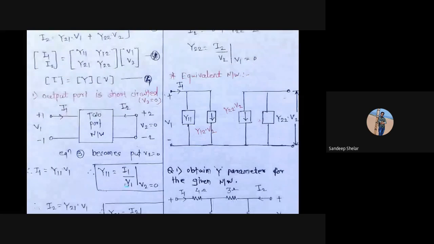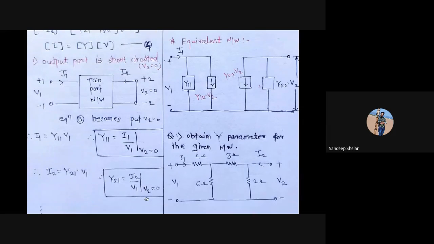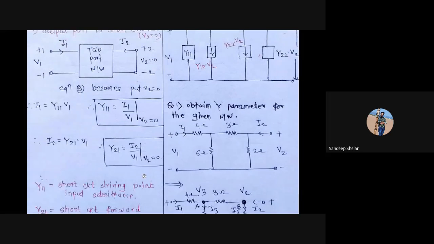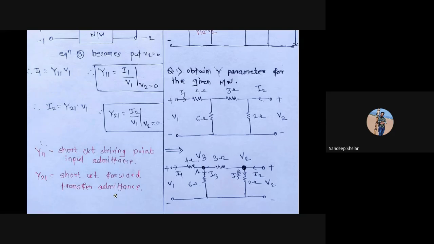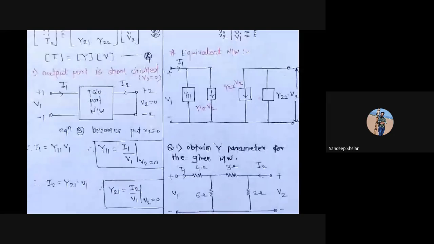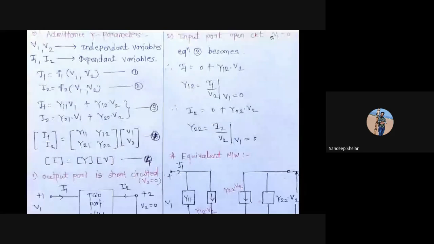Another equation: I2 is equal to y21 into V1, then y21 is equal to I2 upon V1 with V2 equal to 0. This y11 is called the short circuit driving point input admittance, and y21 is called the short circuit forward transfer admittance.